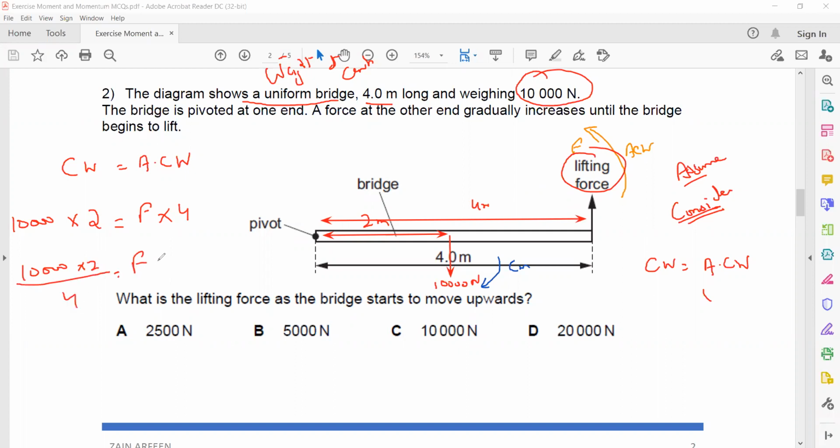And 20,000 divided by 4 is equal to 5,000. So B will be the right answer. Is this question clear? Whenever a moment question is there and they did not specify that the moments are balanced, you have to assume that the moments are balanced to solve the question.